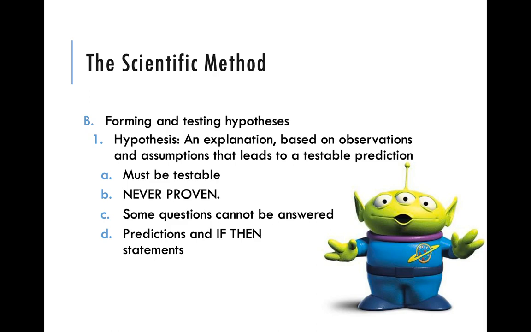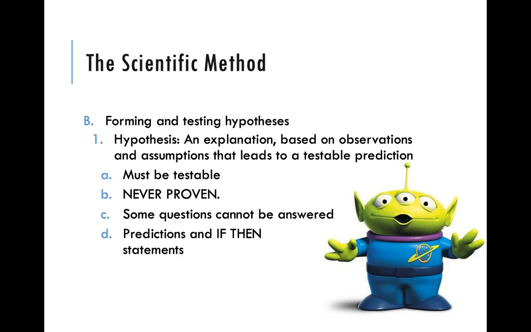Another important aspect of hypotheses is that they're never proven. They are supported. You could say, my data strongly supports this hypothesis, but a hypothesis is not proven. That's because you simply cannot test every situation in which that hypothesis applies. Maybe you can, but very likely you cannot.